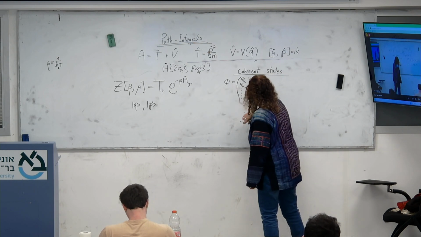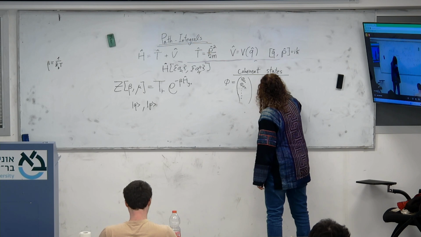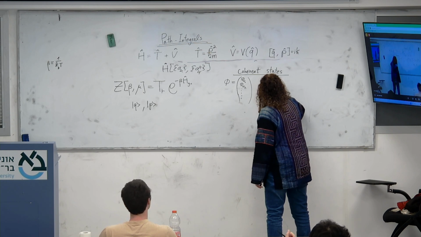Okay, so this is just the definition of what I call phi, and now I want to define a state.